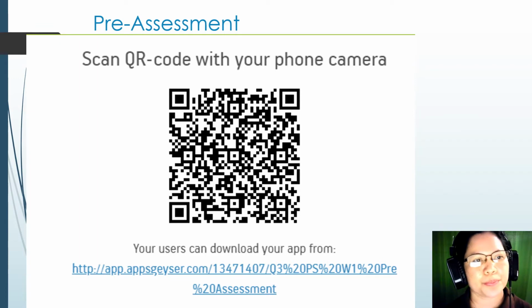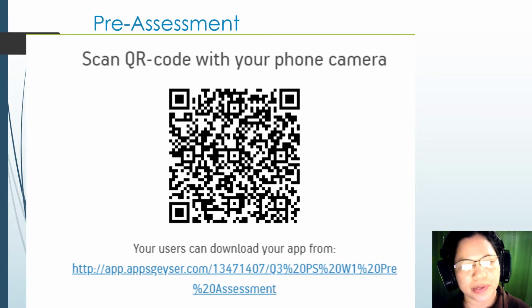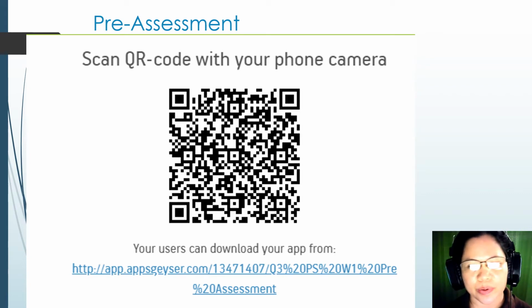So for your pre-assessment, you can scan the QR code with your phone camera or any gadget you have. If you are using a laptop or PC, you can just connect to the URL or the link given so that you can upload the game proper or the quiz proper.